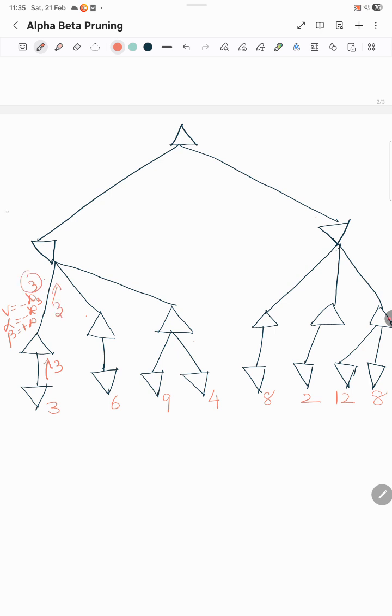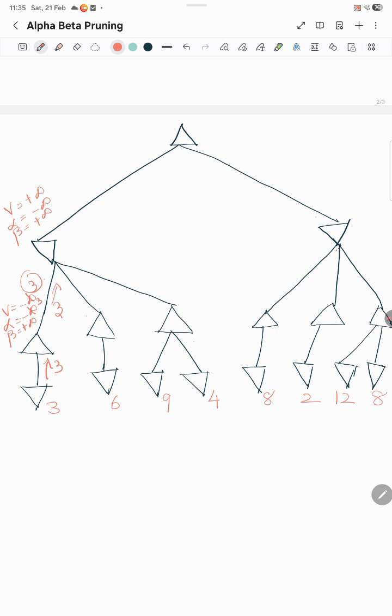Now initially for this min node, v is plus infinity, alpha is minus infinity, beta is plus infinity. For this value 3, what do you update in the min node? v and beta, and you see whether the propagated value is lesser.